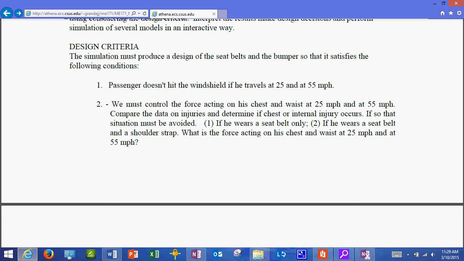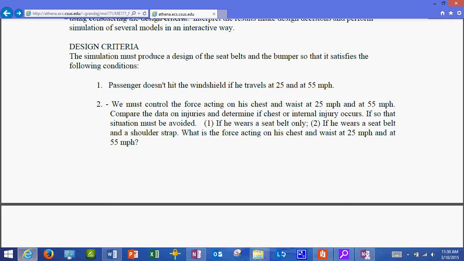This simulation might produce a design for the seat belts and also for the bumper in such a way that the following optimal conditions will occur. The passenger should not hit the windshield if he travels at 25 or 55. We must control the force acting on the chest and the waist at 25 miles an hour or 55, and compare the data with the injuries and determine if chest or internal injury occurs.